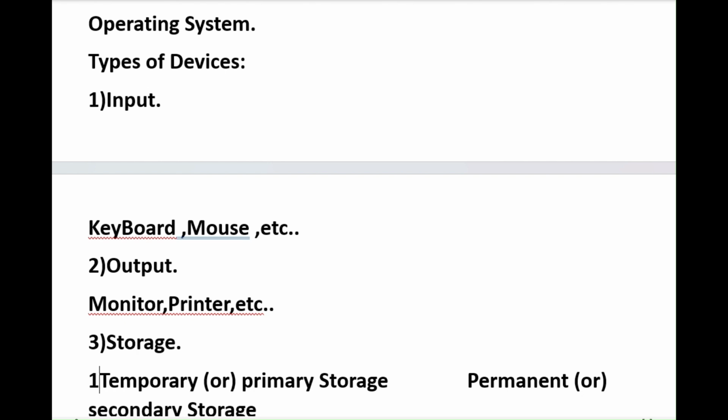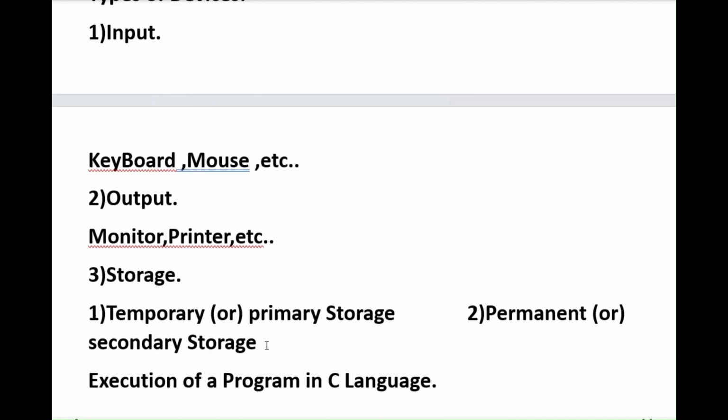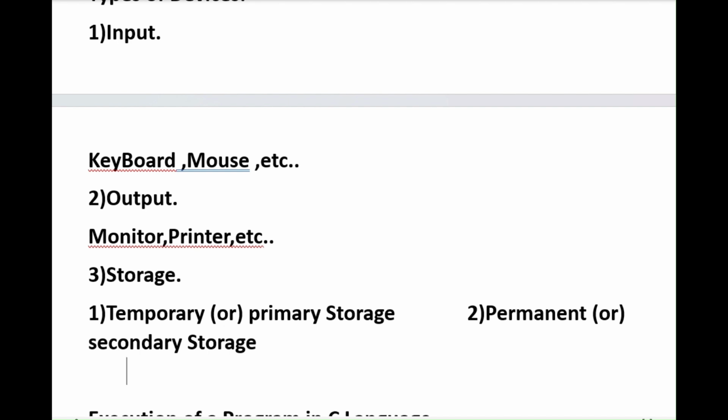First one is temporary or primary storage, and second one is permanent or secondary storage. Now what comes under temporary or primary storage and what comes under permanent or secondary storage?